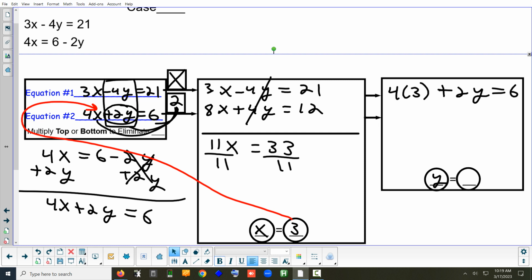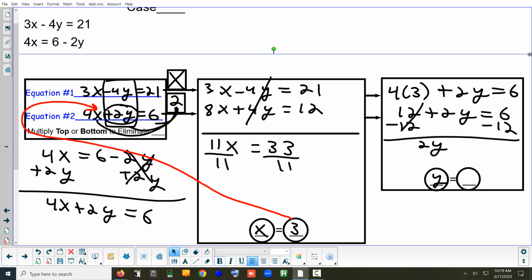Okay, Aiden, what's 4 times 3 going to give me? 12. And Michael, how would I move that 12 to the other side? Subtract 12 from both sides. And Alyssa, what's 6 minus 12 going to give me? 12 minus 6 would be 6.